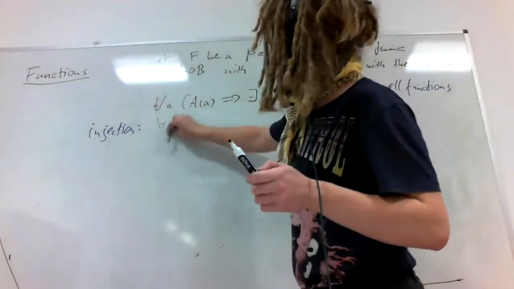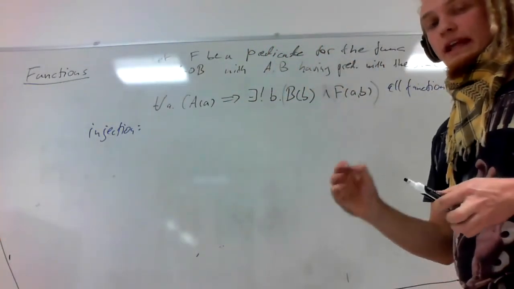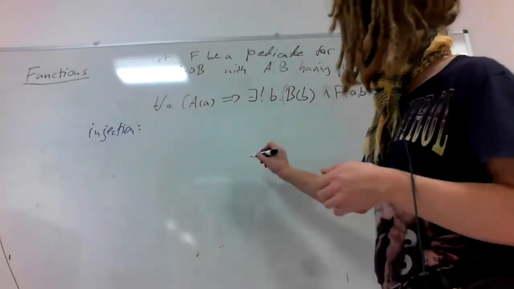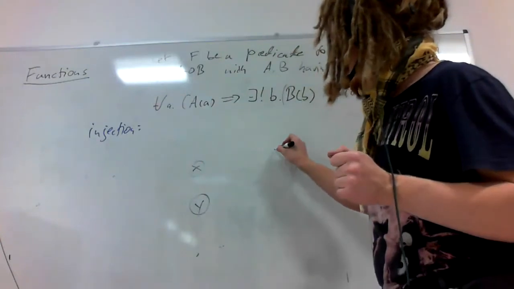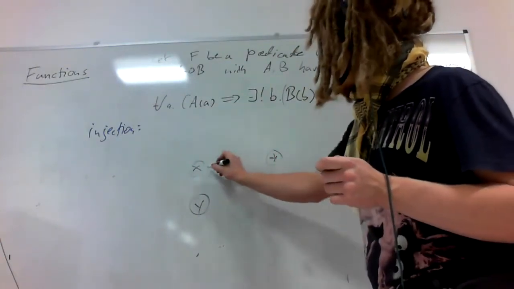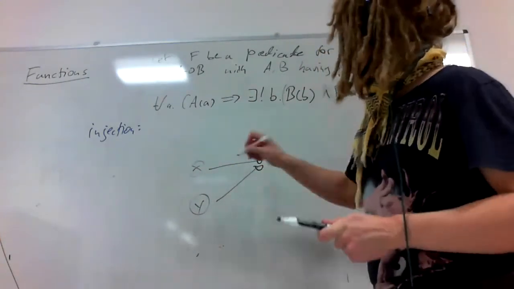Injection is essentially about the output. So we say an output should only be hit once, right? So we had this. Shouldn't have removed it. If we have X or Y, we want to avoid that our star is hit twice, right?